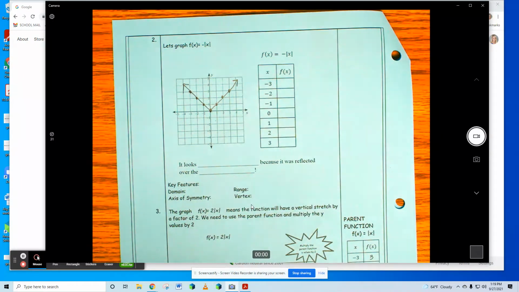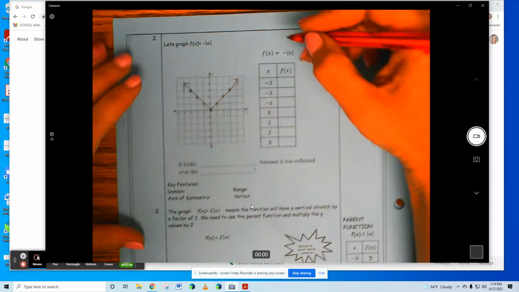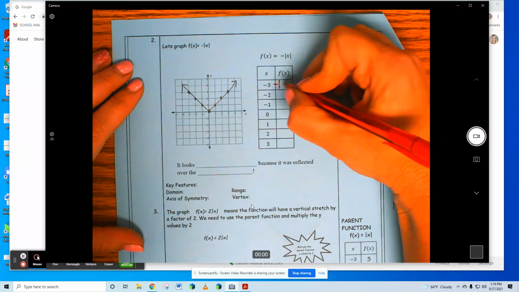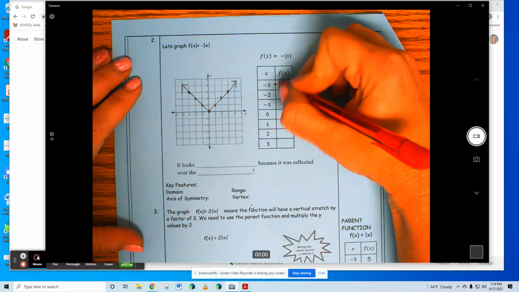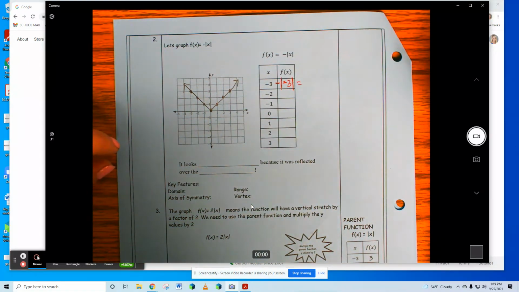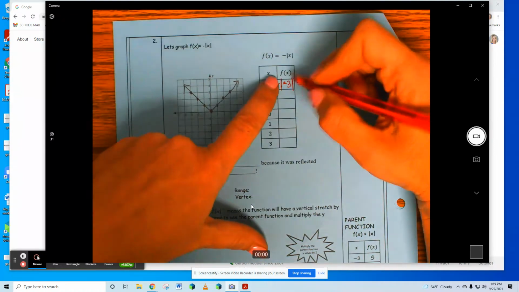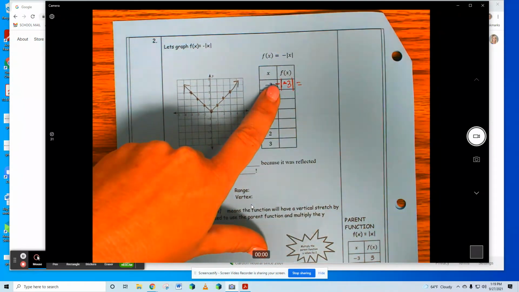But now I'm going to do in red negative absolute value of x. The negative absolute value of -3. Inside first, what's the absolute value of -3? 3. But there's a negative out in front.